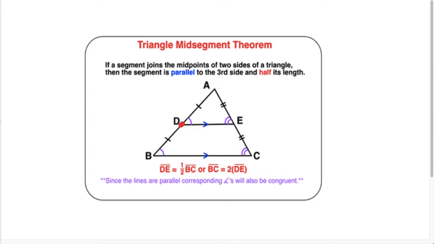And then say for example that E is the midpoint of AC, then AE would equal EC, all right? That would make DE called the midsegment. It is a segment that joins the midpoints of two sides of the triangle. All right, so DE here is the midsegment.